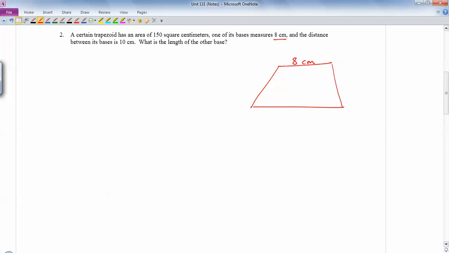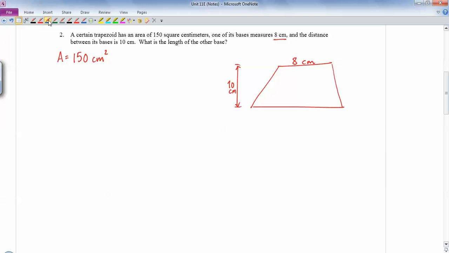It might not be an isosceles trapezoid, so I'm intentionally drawing it so it doesn't look the same on both sides. The distance between the bases, the height, is 10 centimeters, and total area equaled 150 centimeters squared.